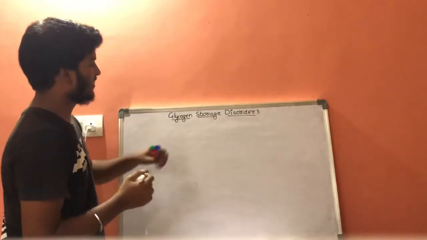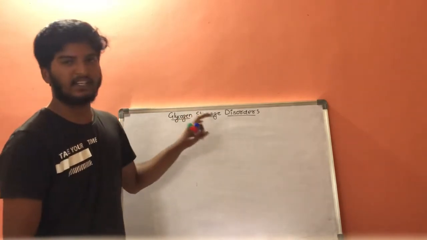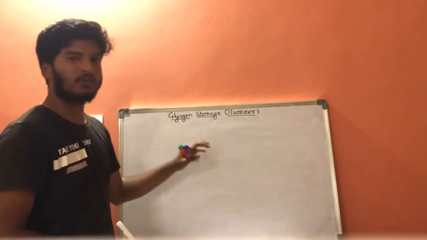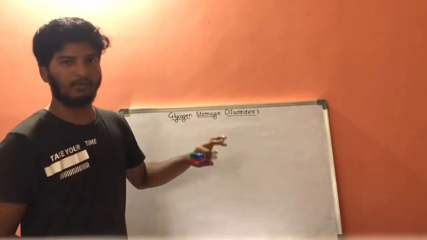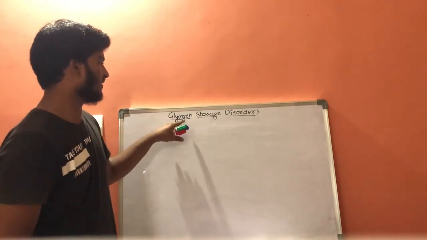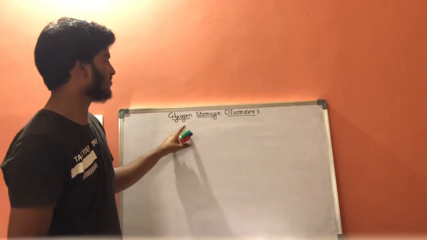There are several different types of glycogen disorders, which result from storage of glycogen in our body. Normally glycogen is a storage form of glucose, and it has a sufficient value in our body. When glycogen is present in extra amount, it results in glycogen storage disorders.